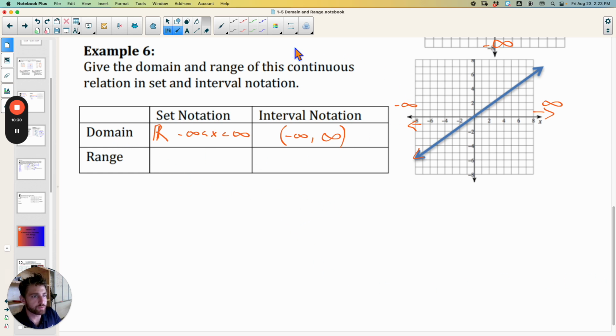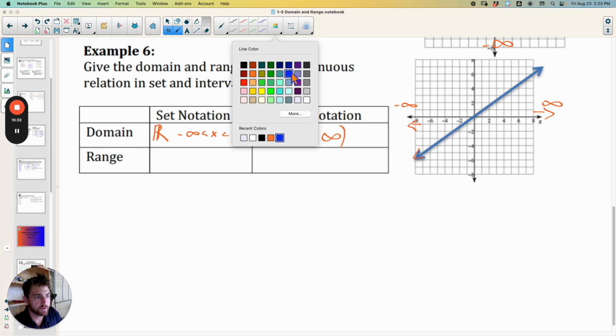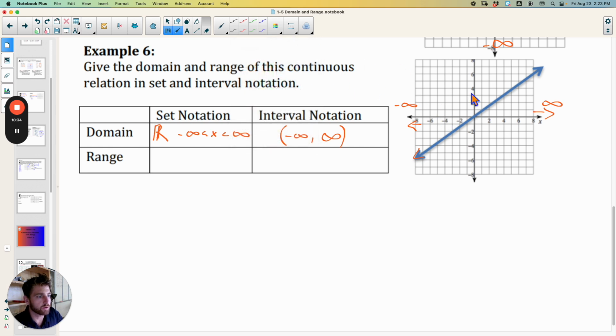Okay, let's move on to range, and let me change colors here. So now we're talking about up and down. So I have positive infinity up here, and I have negative infinity down here, and all my y values in between. And this graph is continually decreasing, or it continues to go down. It also continues to go up for infinity.